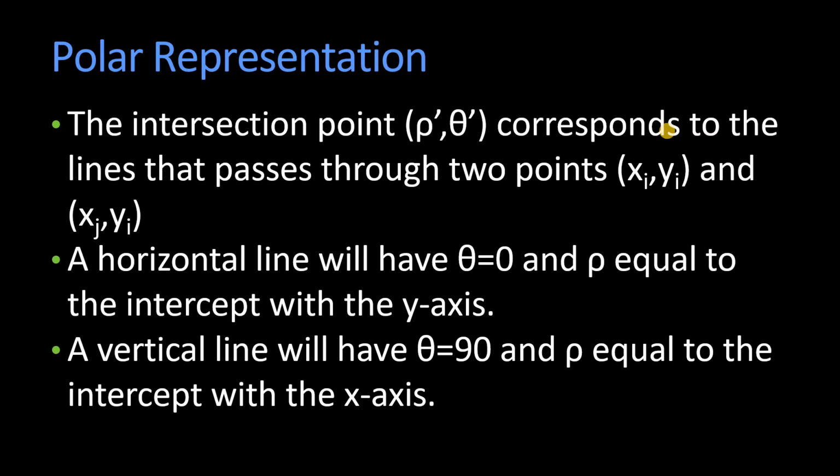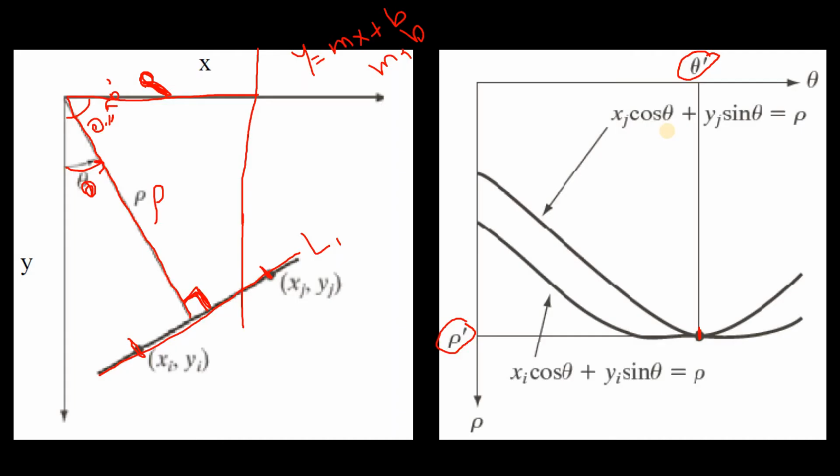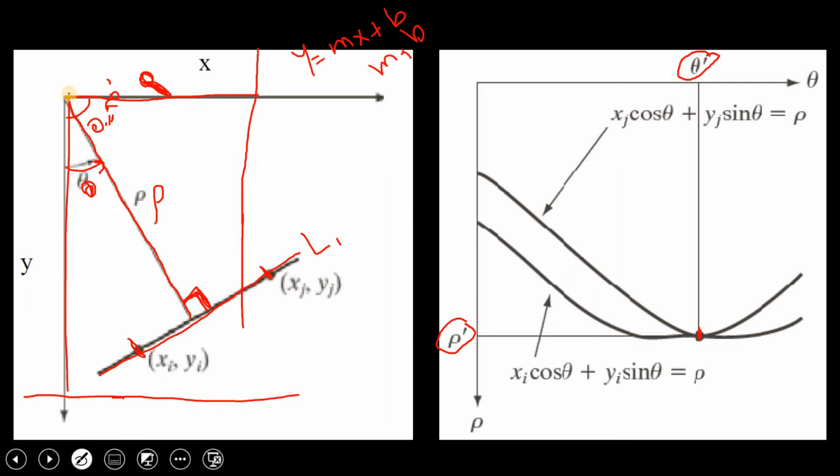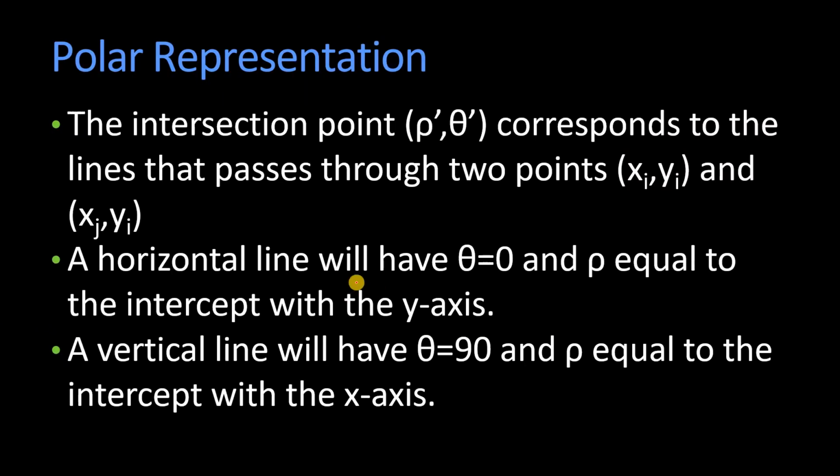For example, if a line is like this, the rho and theta values will be like this. For this line, what will the theta value be? 0. That's what is shown here. A horizontal line will have theta 0 and rho equal to the intercept with the y-axis.